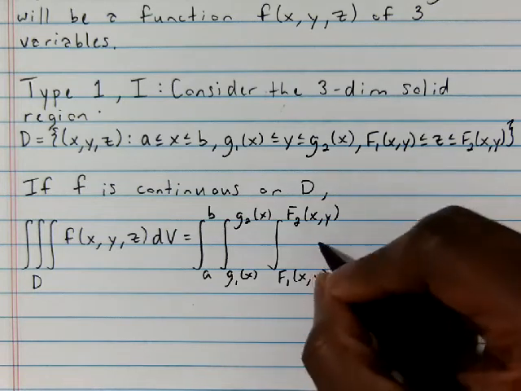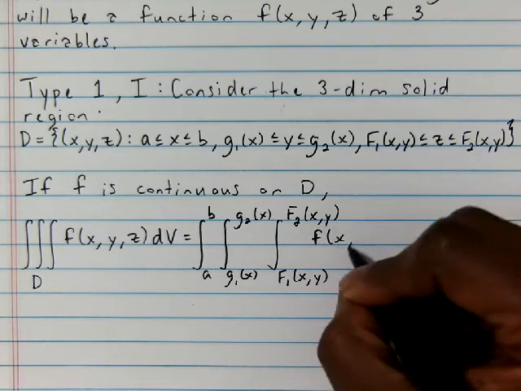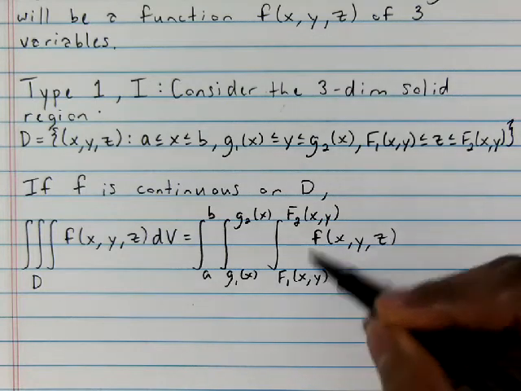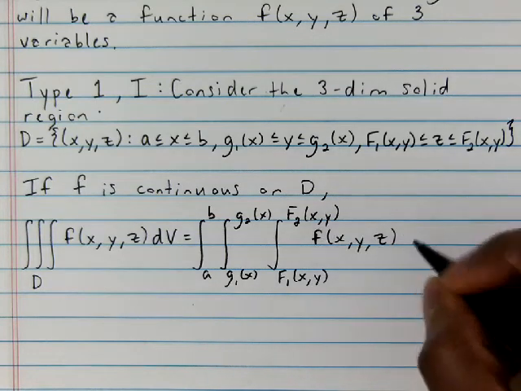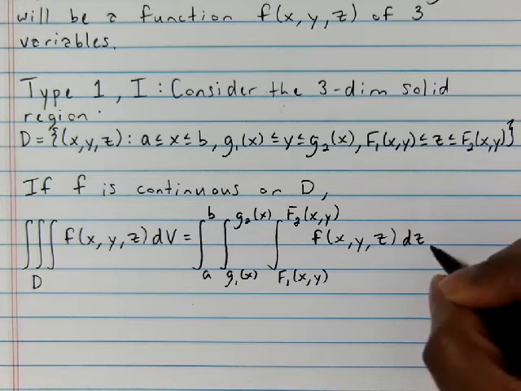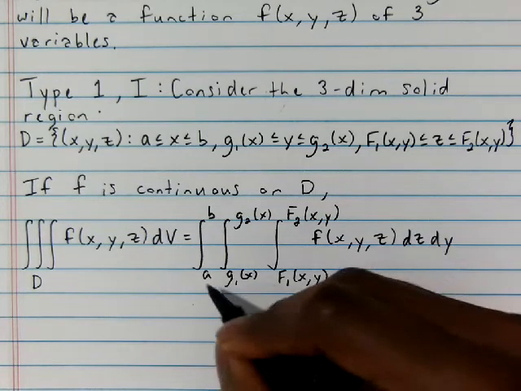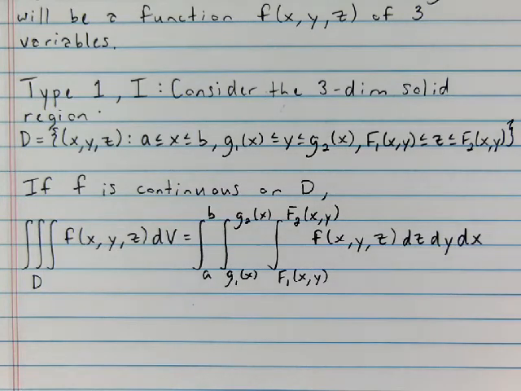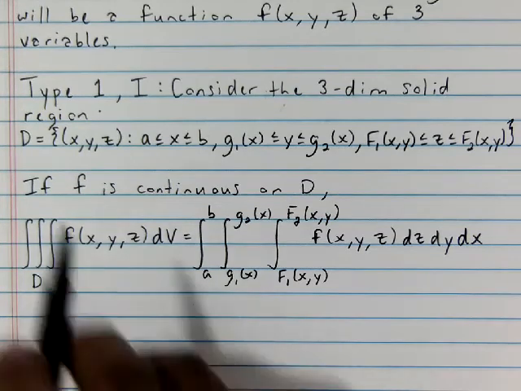Our integrand is still f of x, y, z. These are z's, so it's going to be dz first. These are y's, so that's dy. And then these are x's, so that's dx. That's what that would look like for this type of region.